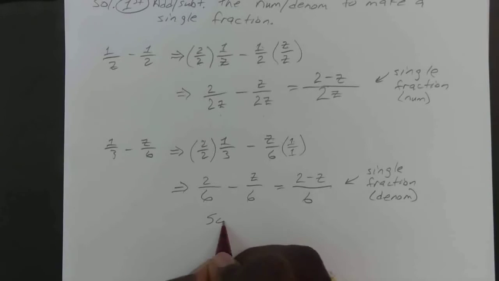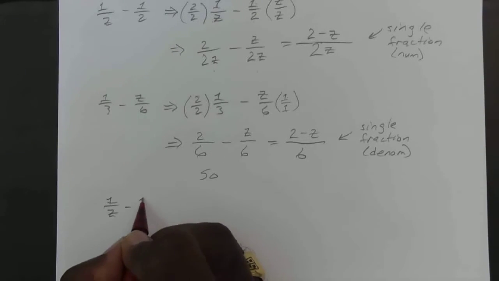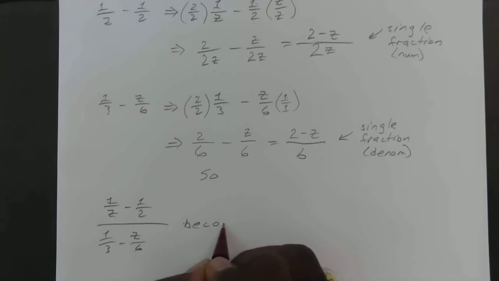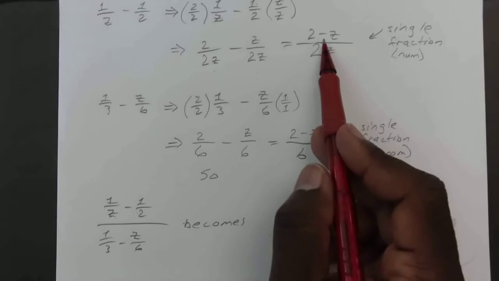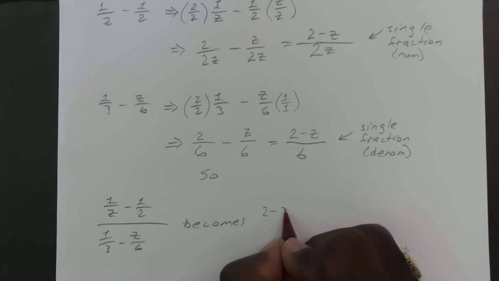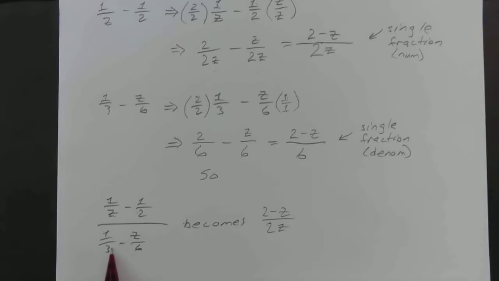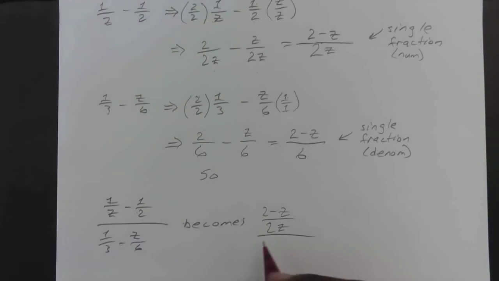So 1 over z minus 1/2 over 1/3 minus z over 6 becomes our 1 over z minus 1/2, which became 2 minus z over 2z, and our 1/3 minus z over 6 became 2 minus z over 6.